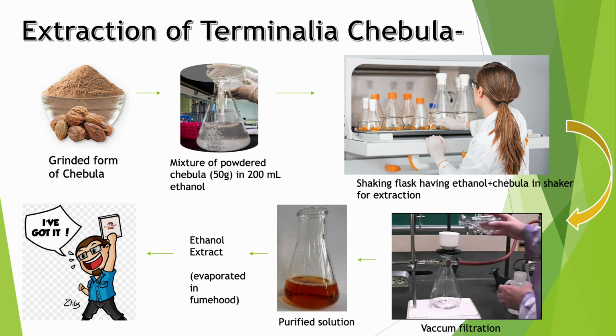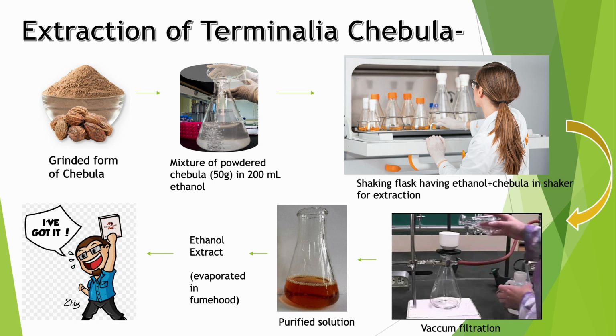After the completion of 48 hours, when we took that solution out, we performed vacuum filtration in order to get the purified form, with the help of the filtration apparatus and the suction pipe. With a Whatman filter paper placed on top of the funnel, we poured the solution containing ethanol and Terminalia chebula onto the filter paper.